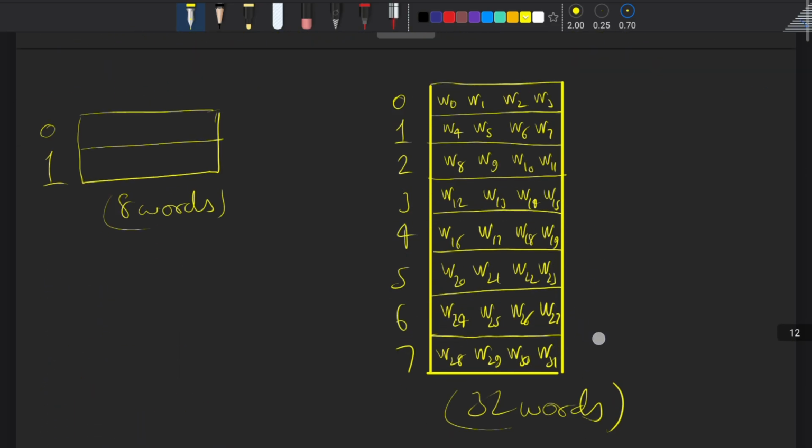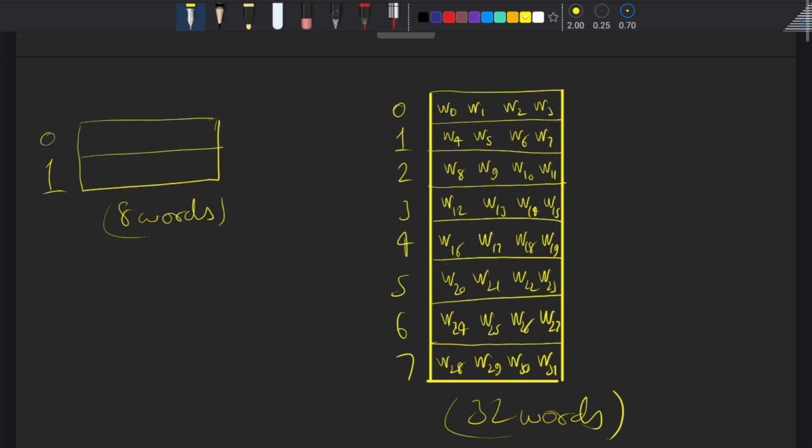Let's see this with an example. Suppose we have a main memory of 32 words and a cache memory of 8 words, and block size is equal to 4. That is, one block can contain 4 words.